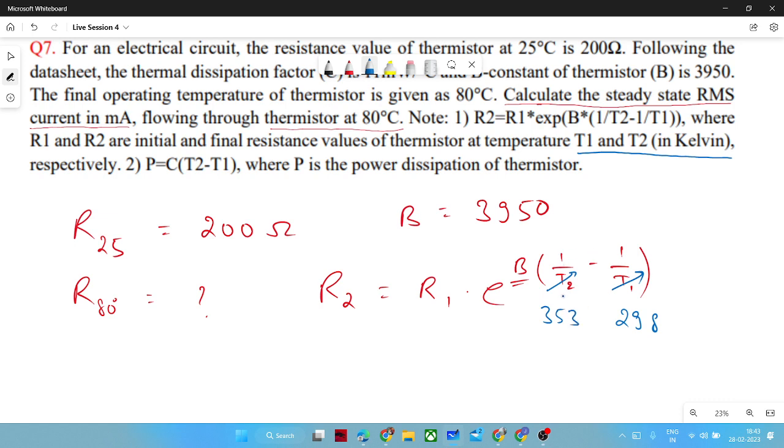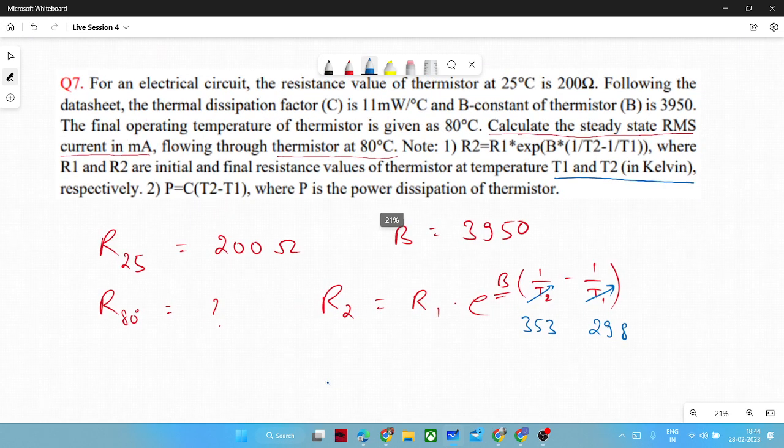So here you should move ahead with Kelvin. As it is stated in the problem that T2 and T1 are in Kelvin, you have to put Kelvin, right? Otherwise, if it had mentioned that they are in degree centigrade, then you should have put them in degree centigrade.